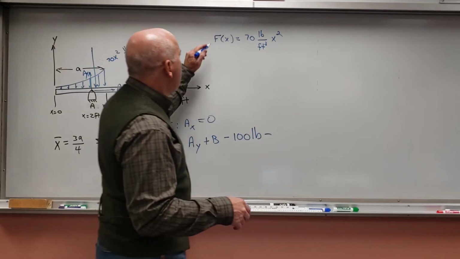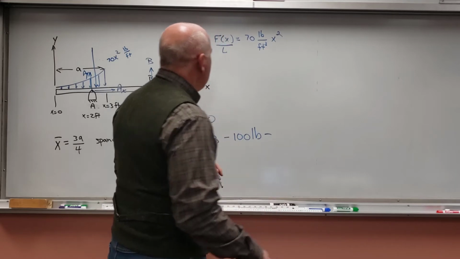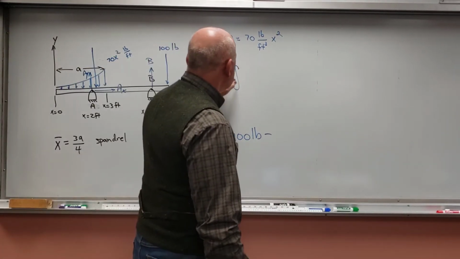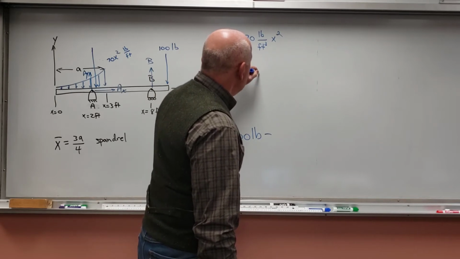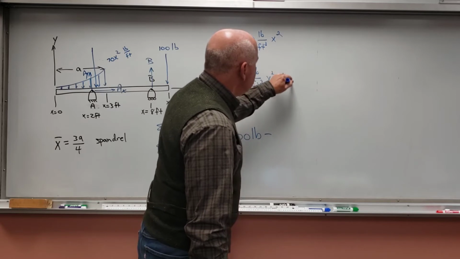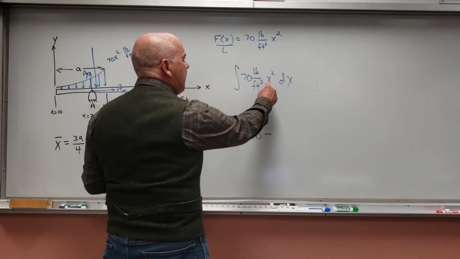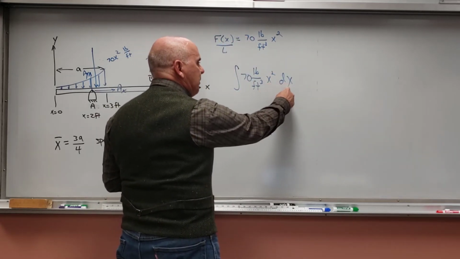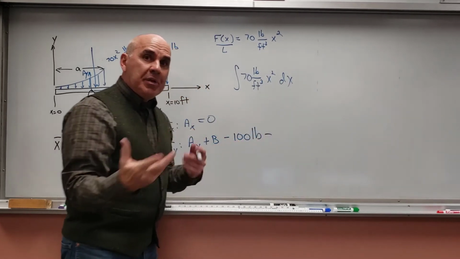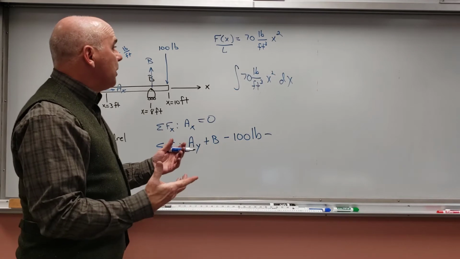That's force per unit length. All right, so if I want to know the net force, I'm going to have to integrate this. So the net force is going to be 70 pounds per cubic foot, x squared dx. And so notice I've got length squared times length, that's length cubed, divided by feet cubed, so I'm going to get just force.